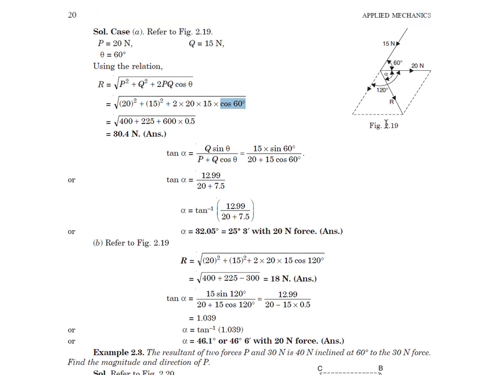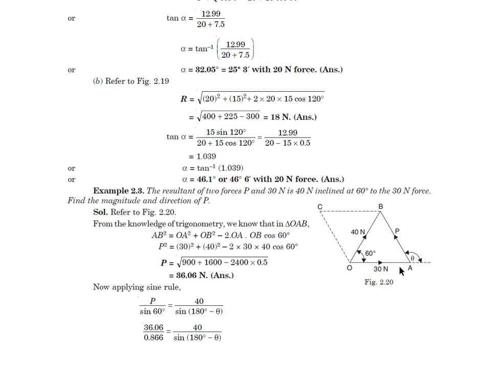Or alternatively, if you are not comfortable, you can take the angle to be like this, starting in the clockwise direction. So you can choose one of the sign conventions when you are dealing with the angles and directions. It doesn't matter, the answer will remain the same.